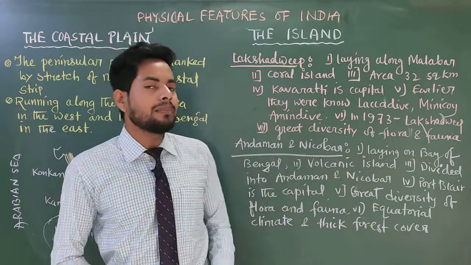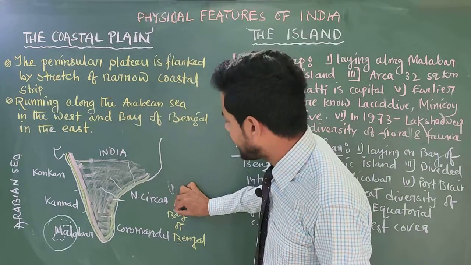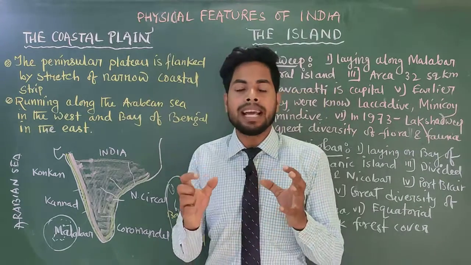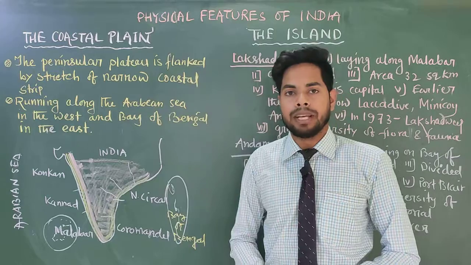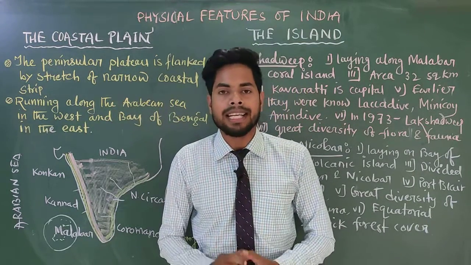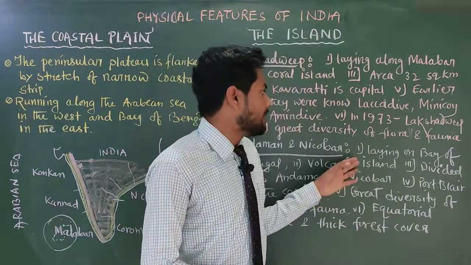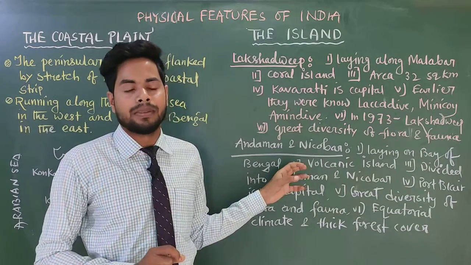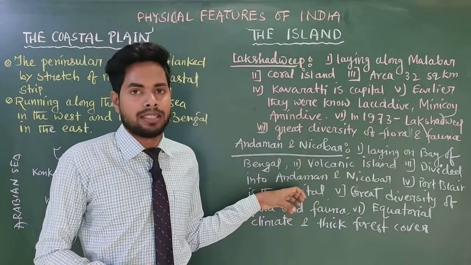Next, about the Andaman and Nicobar Islands. They lie in the Bay of Bengal, along the eastern coast of India. The Andaman and Nicobar Islands are also known as volcanic islands, because these islands formed due to volcanic activities.